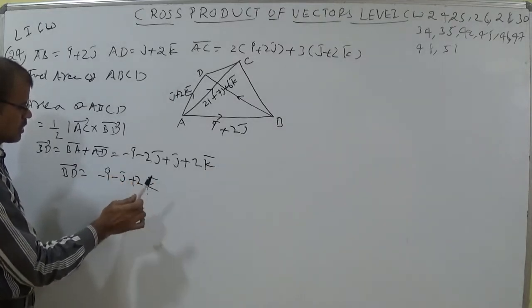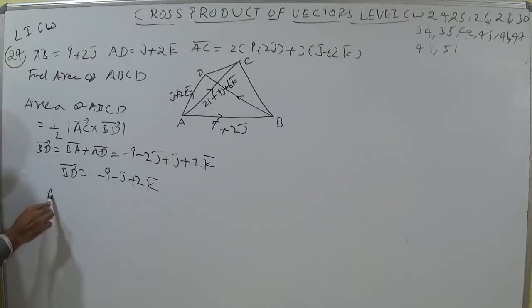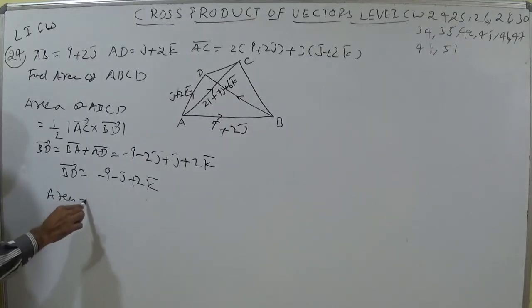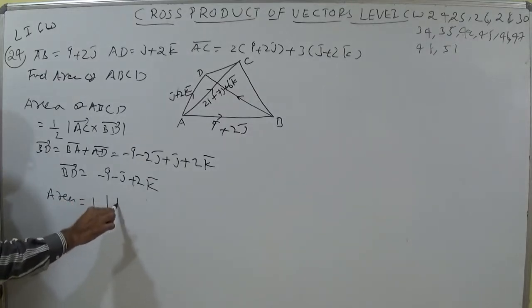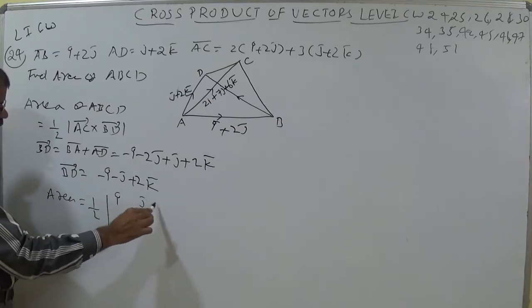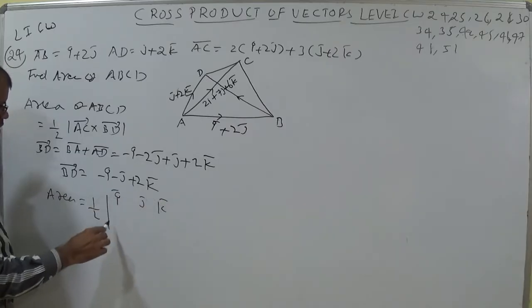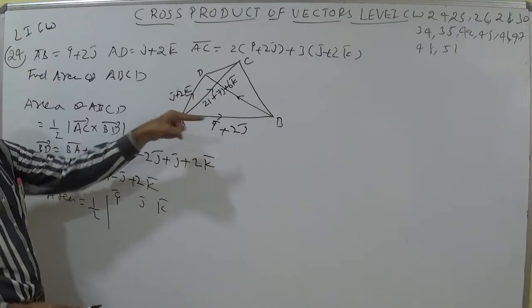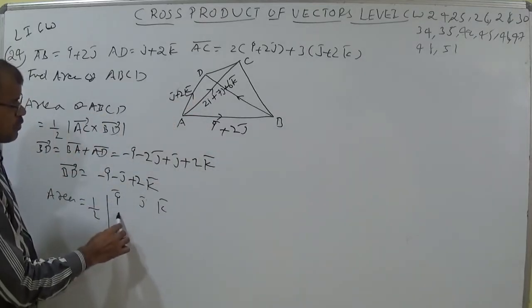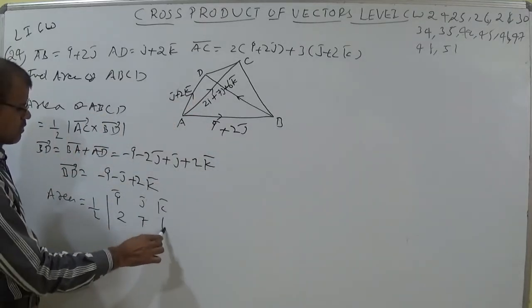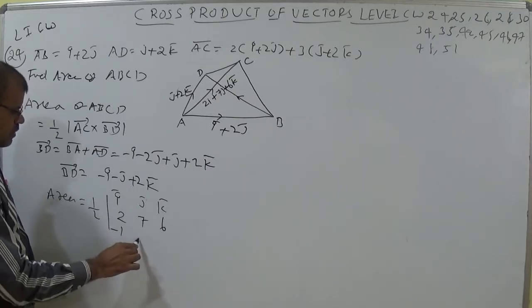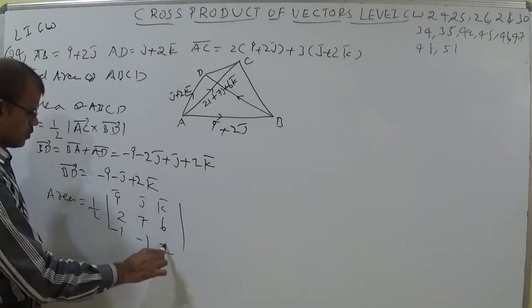Now you can write the area as 1 by 2 into the modulus of the determinant i, j, k. The AC components are 2, 7, 6, and the BD components are minus 1, minus 1 and 2.